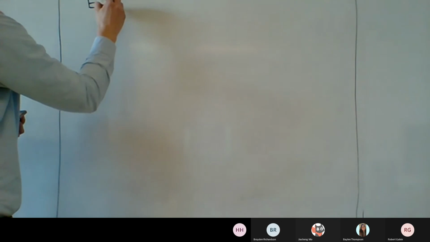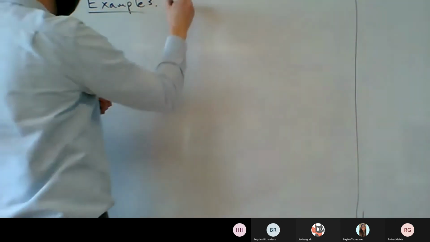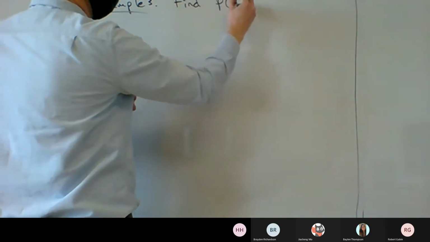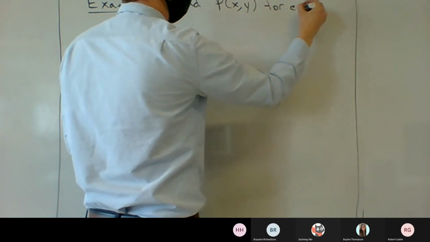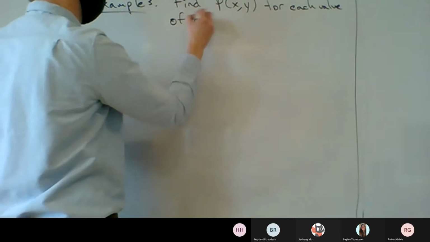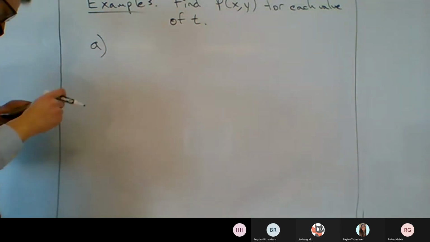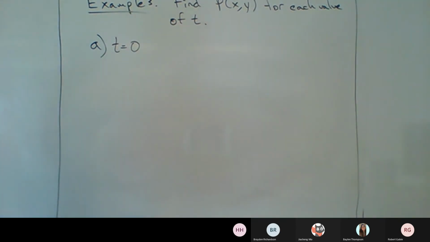All right, example 3. Find the point P of xy for each value of t. I'm going to write them all down over here, just so I don't have to keep opening my phone.